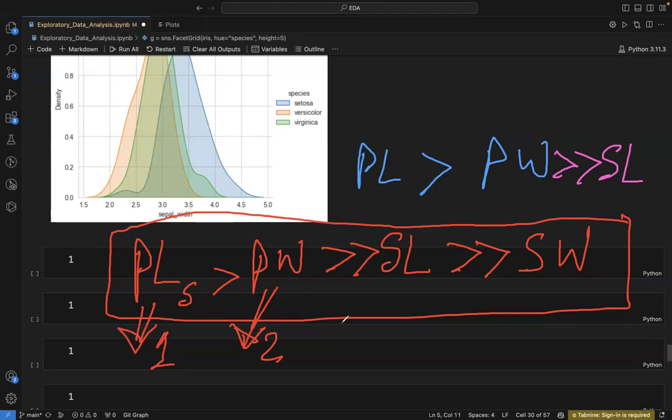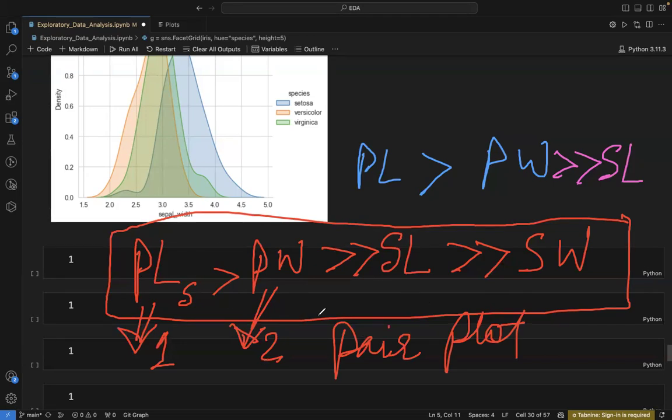Fine. And of course, when I pick 2 features, I also look at the pair plots that we have learned and saw earlier, to choose which features are most useful in separating one type of flower from the other types of flowers.